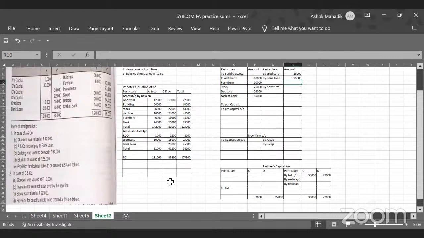Okay, now in this case, investments were not taken over by the new firm. So investments are appearing on the debit side. So it will be transferred to partners' capital on the credit side. Same value we will take. Investment value is 10,000.